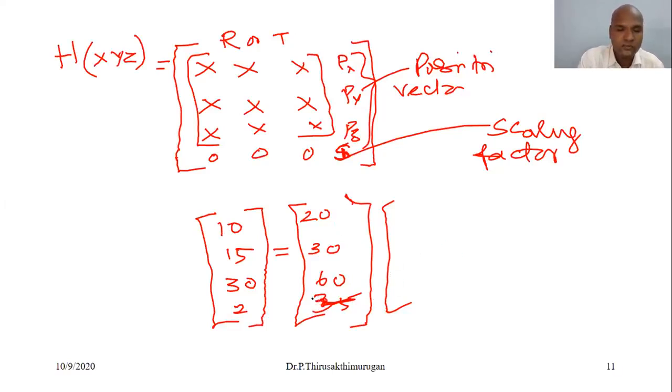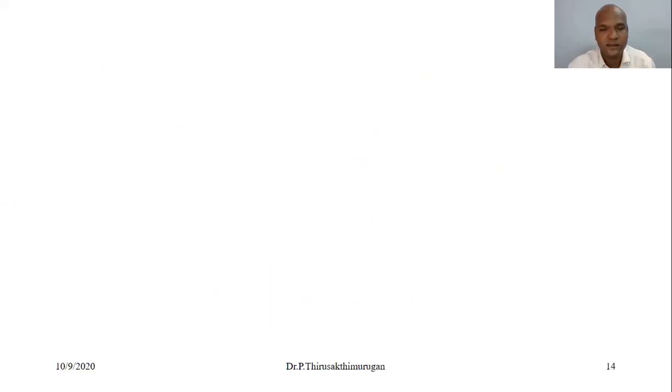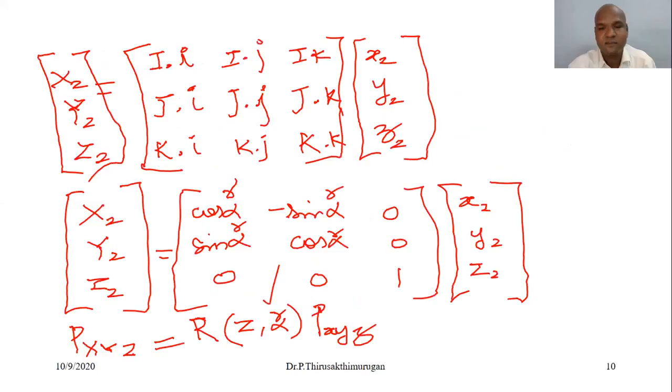Suppose the scaling factor is division, 20 by 2, 15 by 2, 30 by 2, 60 by 2. So this is the relation among Px, Py, Pz and S. S is the scaling factor. For every translation, we have to find the translation homogeneous transformation matrix. Clear? So let us see simple examples.